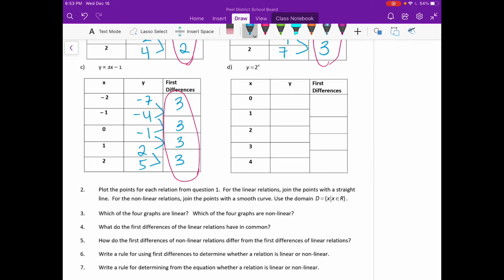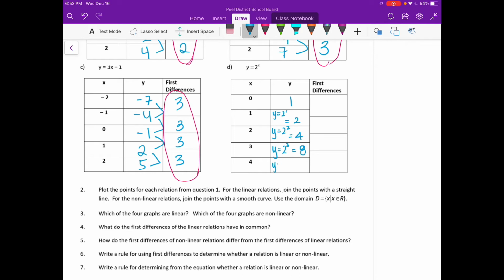Y equals 2 to the power of x. So we're going to do y equals 2 to the power of x, in this situation x is 0. That's going to give me 1. Then y equals 2 to the power of 1 equals 2. Y equals 2 to the power of 2 equals 4. Y equals 2 to the power of 3 is equal to 8.